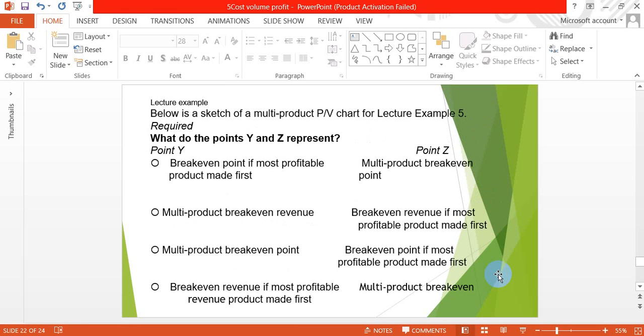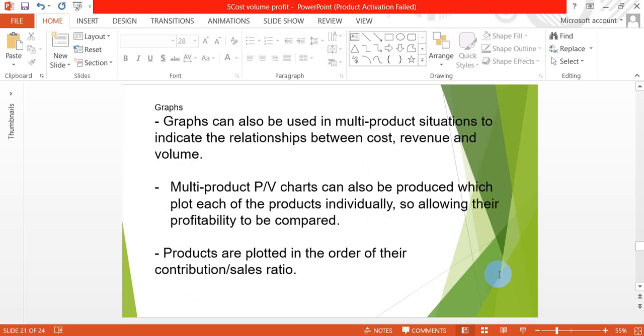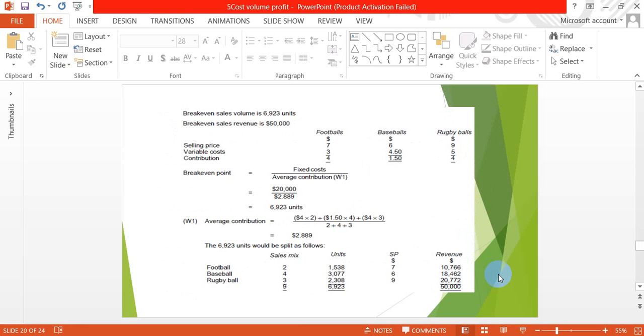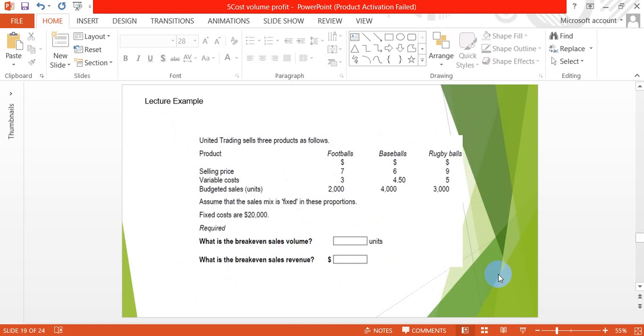Let's look at this example question. So below is a sketch of a multi-product PV chart for lecture example 5. So this is our lecture example 5.